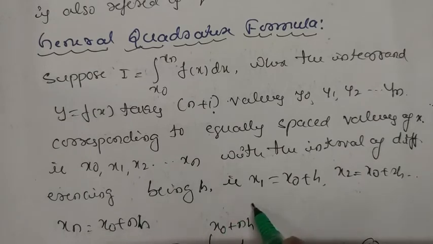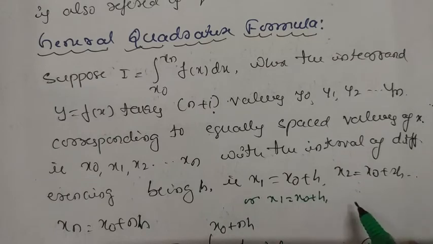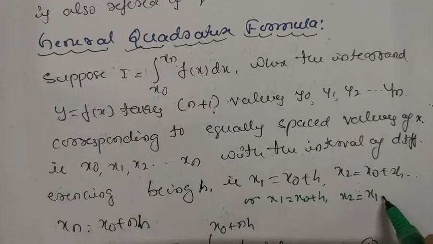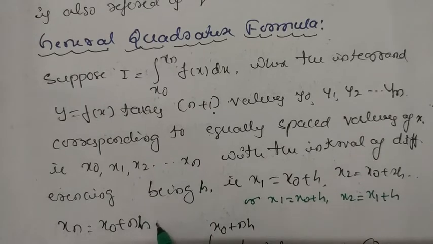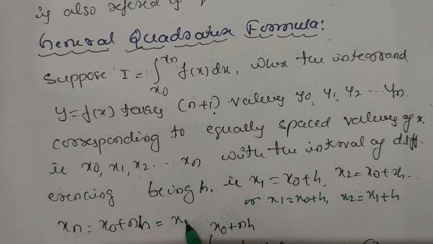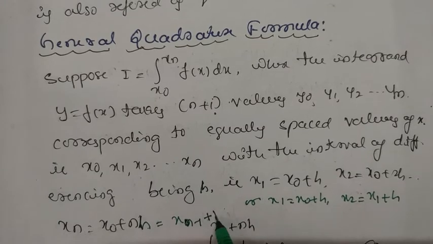Or we can also take x1 equals x0 plus h, x2 equals x1 plus h, etc., and xn equals xn minus 1 plus h. Like this also we can take.